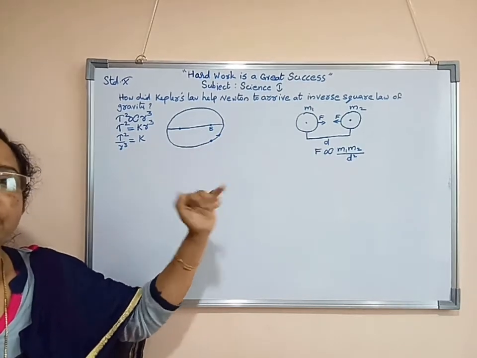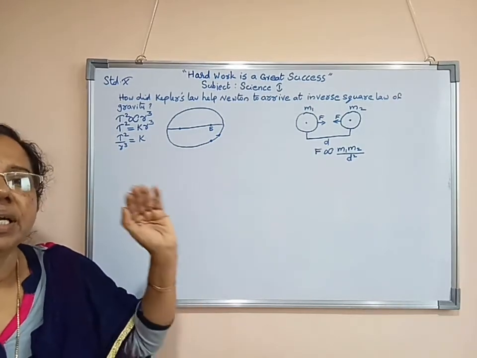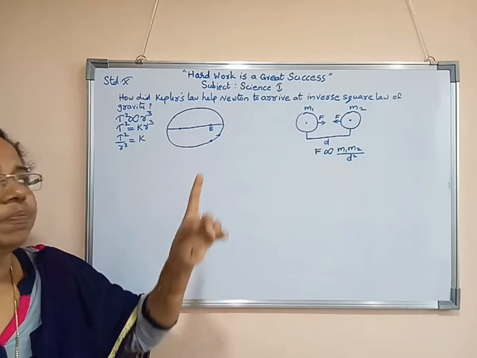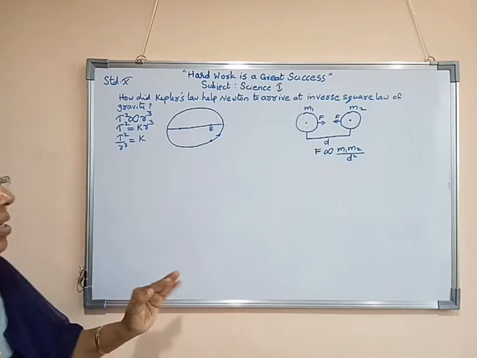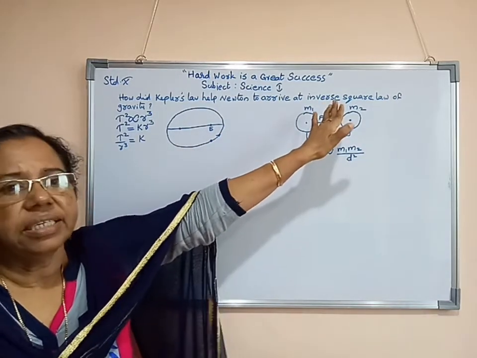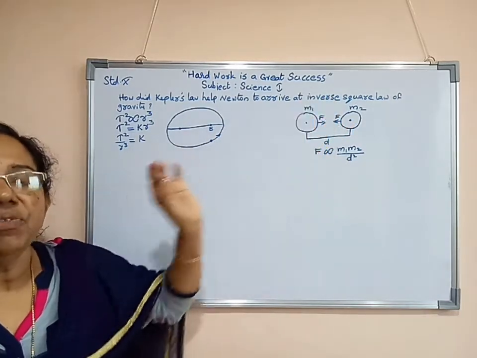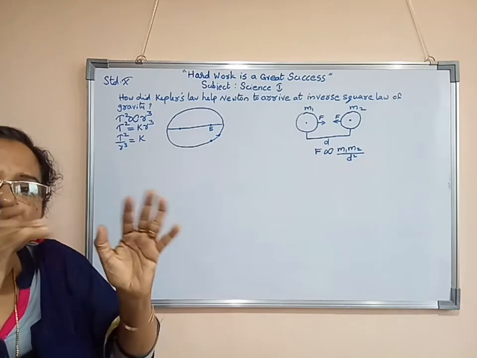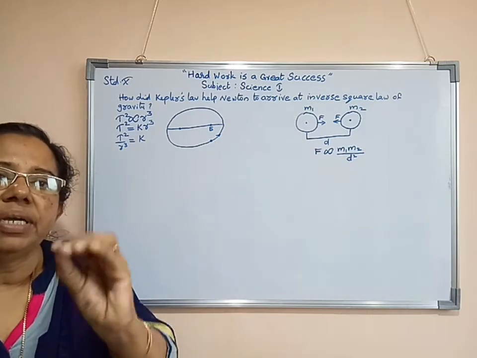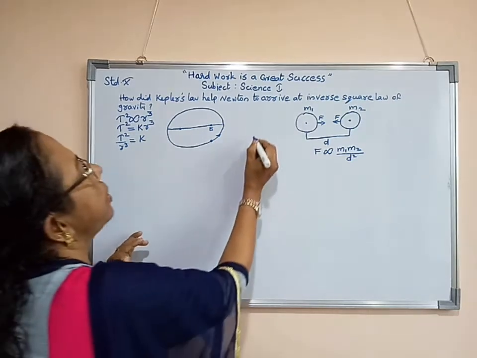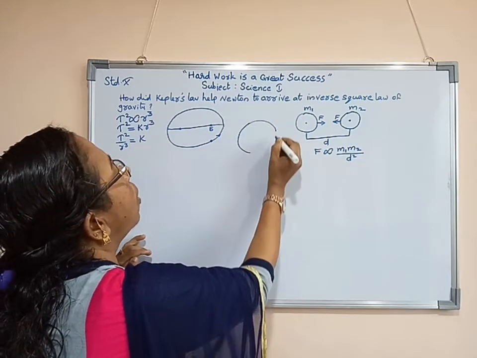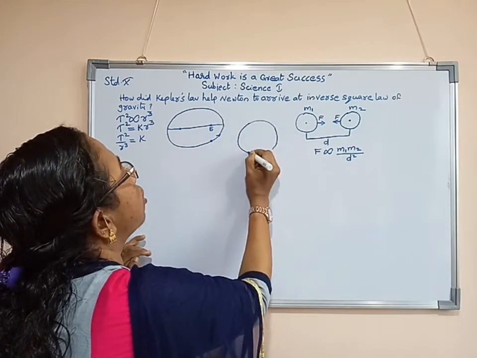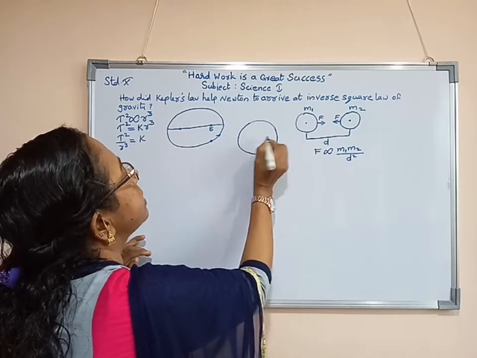This is the movement of the planet which really happens in the solar system. But for solving this inverse square law, we are considering the shape of the orbit as a circle. Now I am considering the orbit of a planet as a circle.